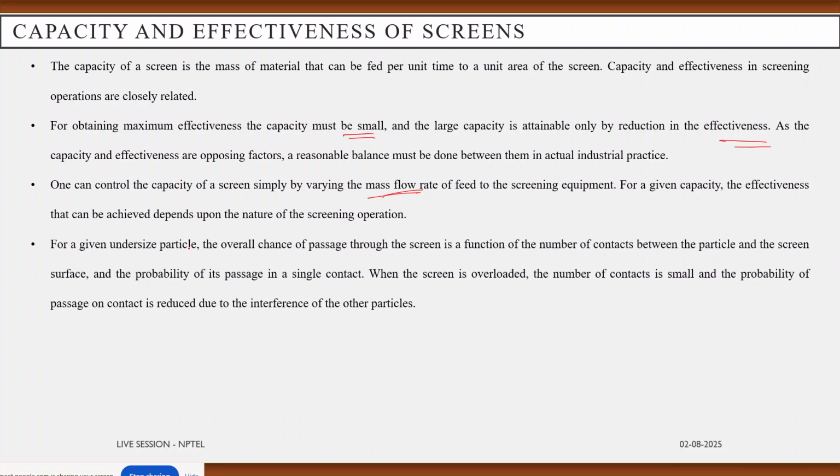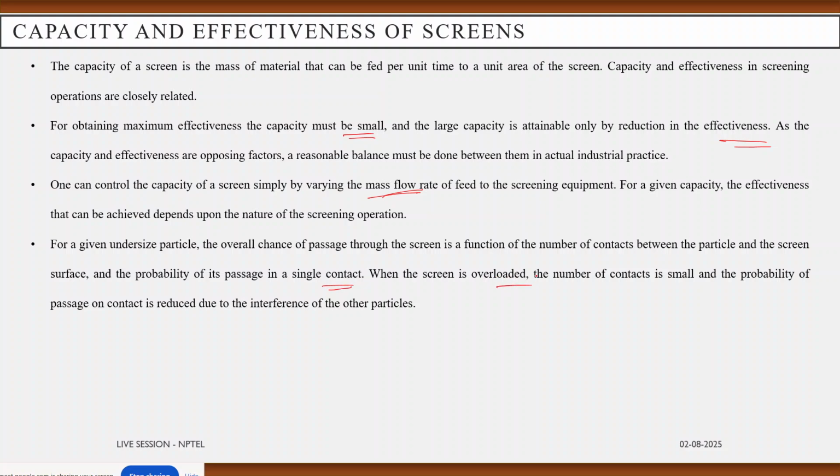For a given undersized particle, the overall chance of passage through the screen is a function of the number of contacts between the particle and the screen surface, and the probability of its passage in a single contact.